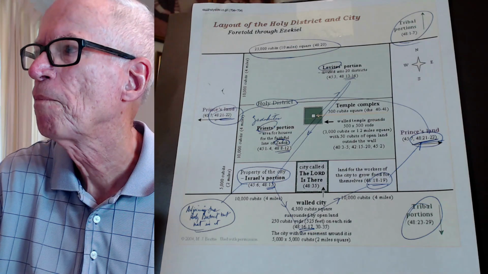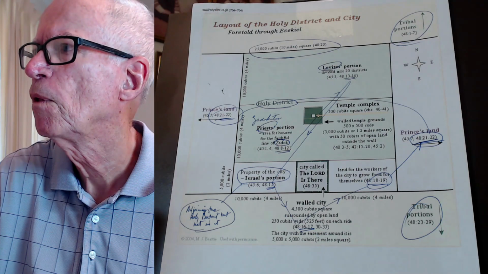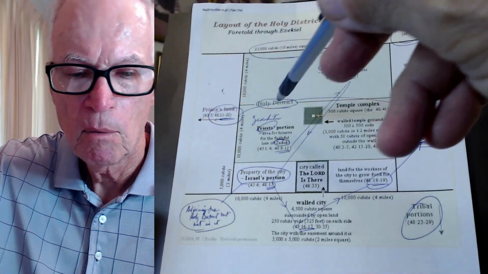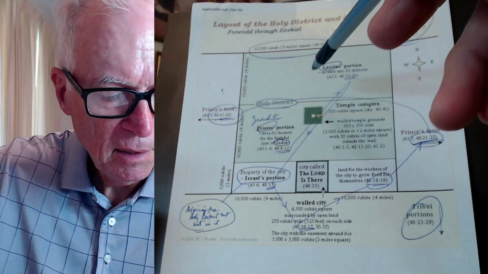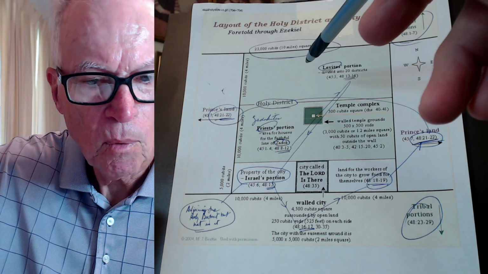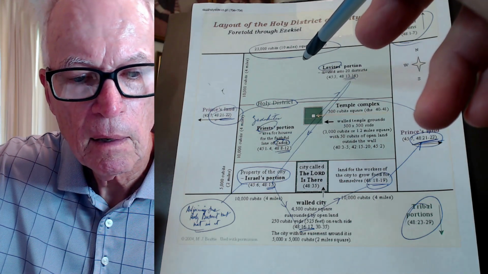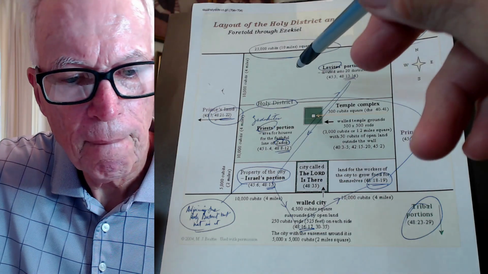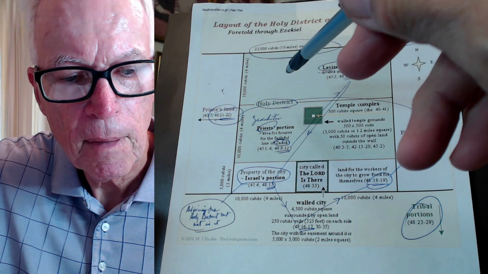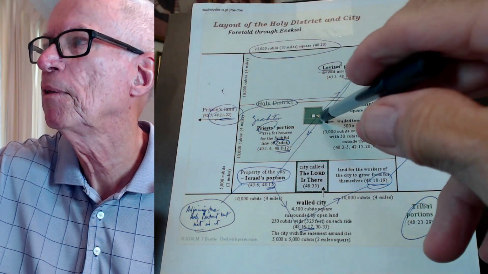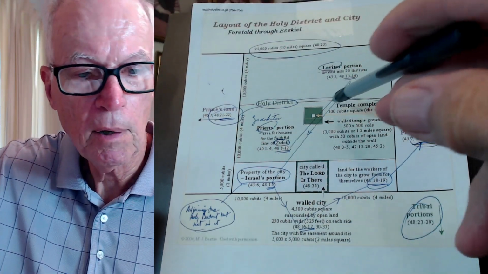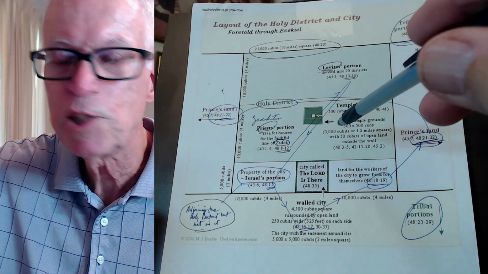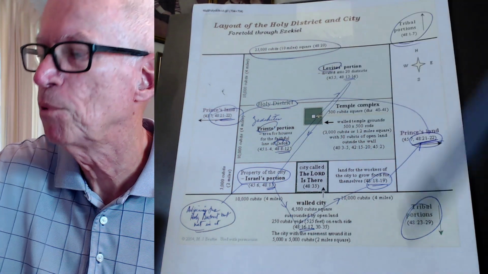So the 25,000, what I just read, it's 25,000 wide and I think 5,000 long. It's that part right there. It's the special portion, and the sanctuary will be in the center of it. So there it is, the temple complex.